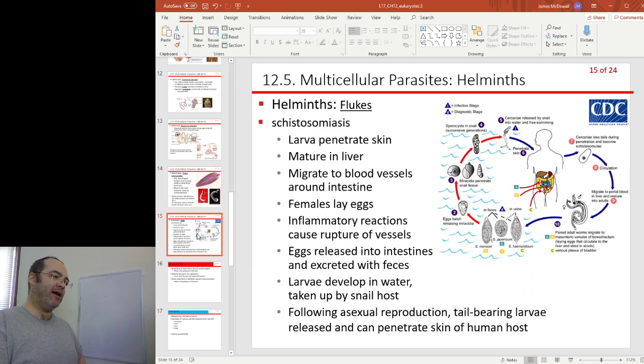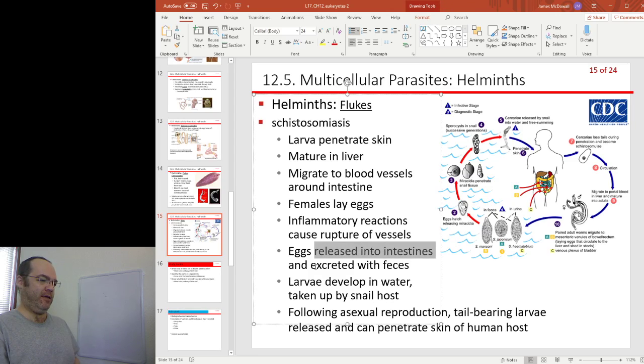The eggs are in the blood around the intestines. The immune response against those eggs causes damage. That allows the eggs to leave the blood and enter the intestines. Then the eggs are released with the feces.